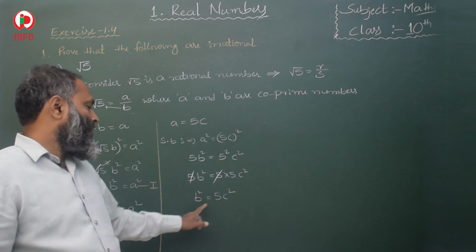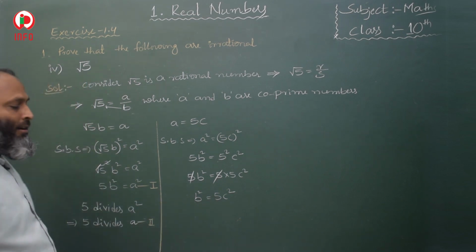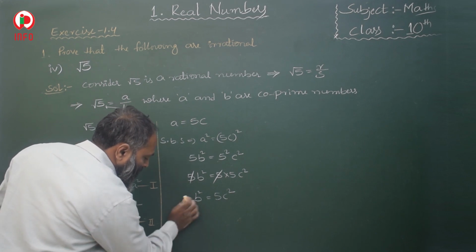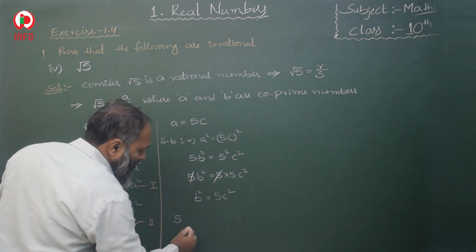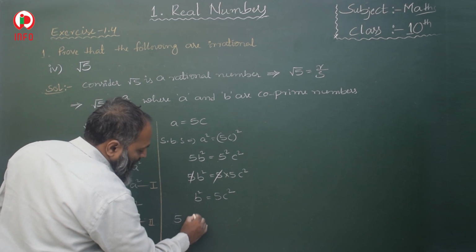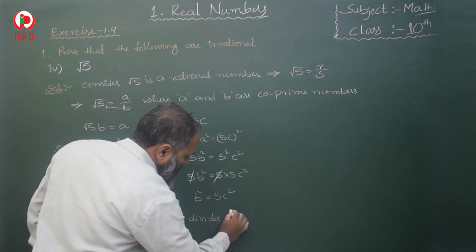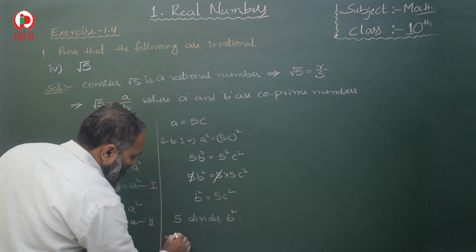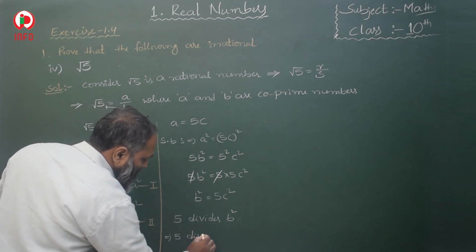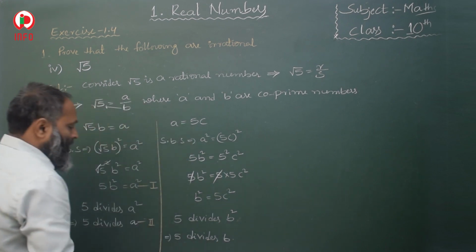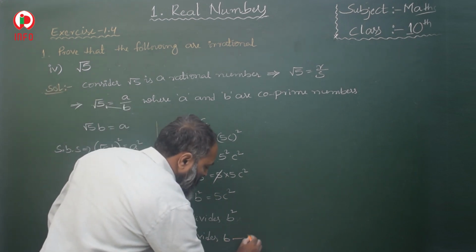So 5 divides b square, that implies 5 divides b. So this is our equation 3.